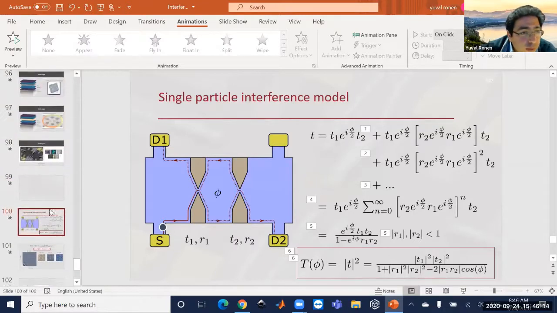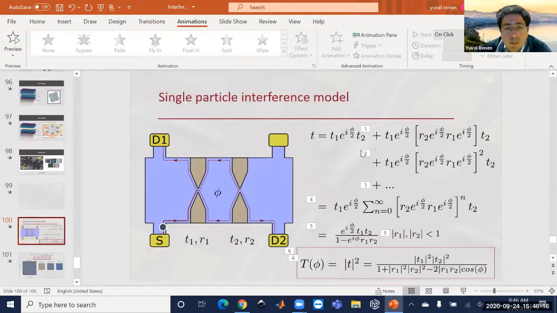I should have put this slide here, but the main idea is this. When you calculate the transmission of a Fabry-Perot, it's basically an infinite series. Now you can imagine that instead of e to the i phi naught over 2, I write e to the i phi naught over 2 minus L divided by L naught, and then calculate this infinite series again.